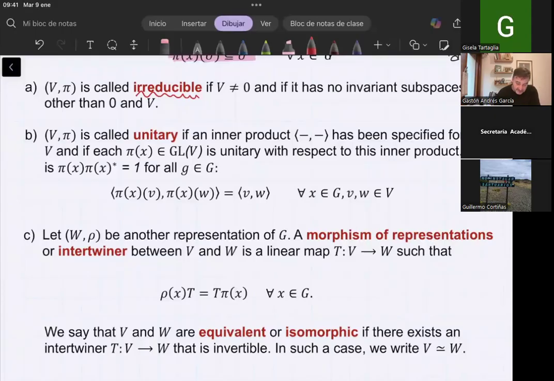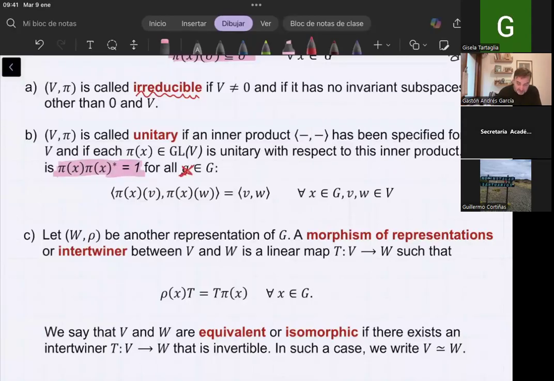But the thing is, it has to have an inner product such that the action of the group is unitary for any element of the group. Explicitly, it means that for any element of the group, the adjoint of the linear map is the inverse of the linear map determined by this element x. Here we have another typo. I had to write x here, not g.